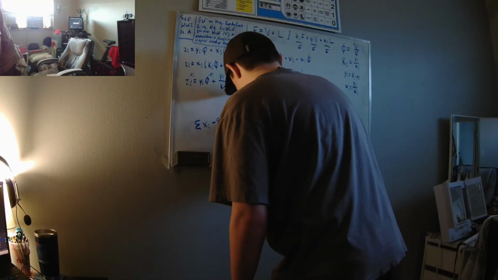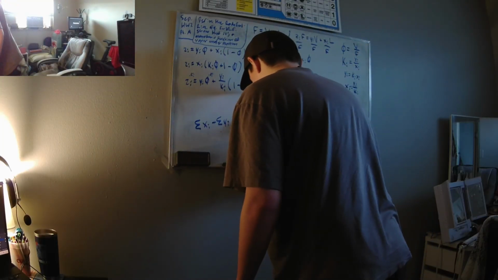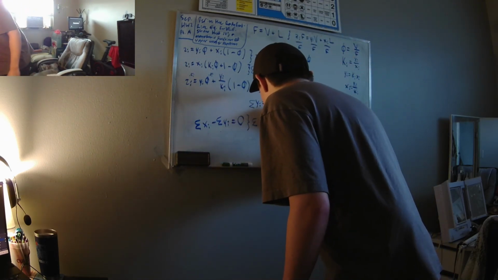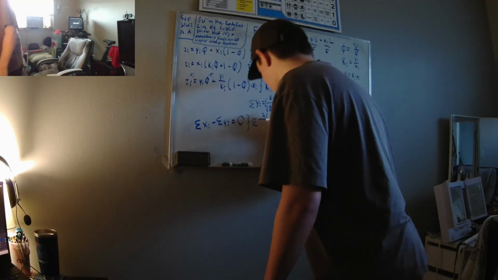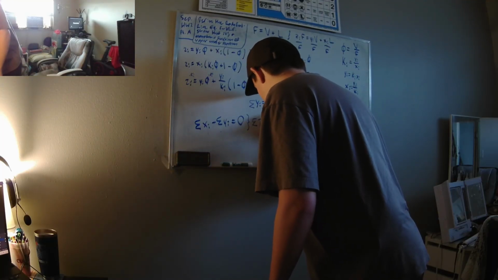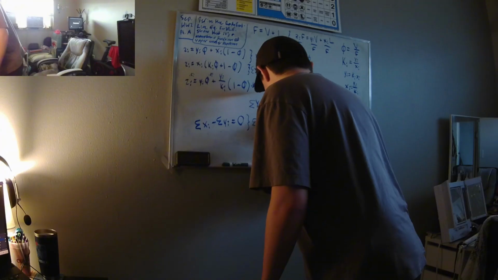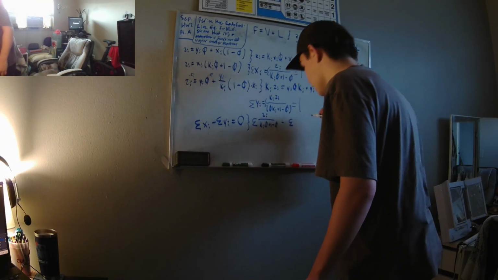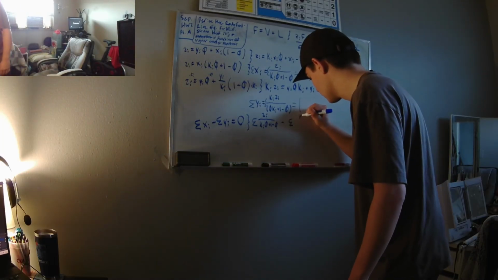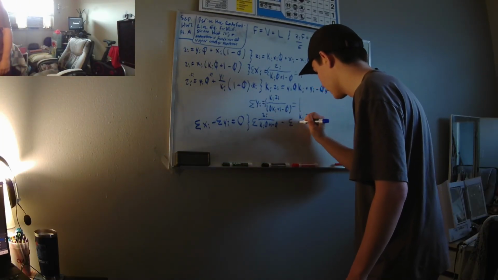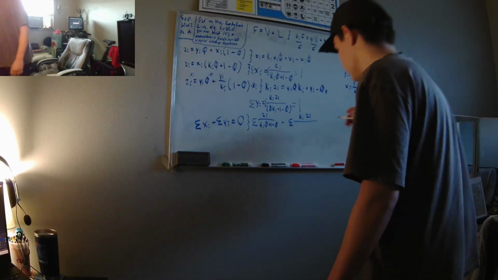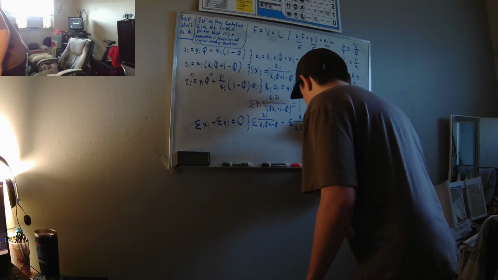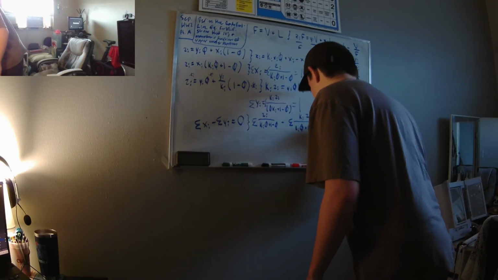And then subbing in our big equations for this, we get the summation of Zi over Ki phi plus 1 minus phi, minus the summation of Ki Zi over Ki phi plus 1 minus phi.